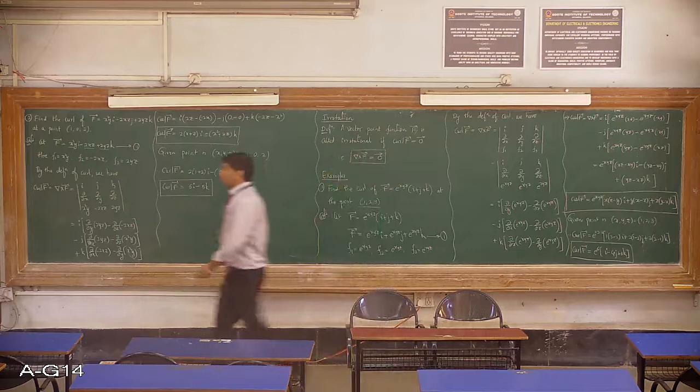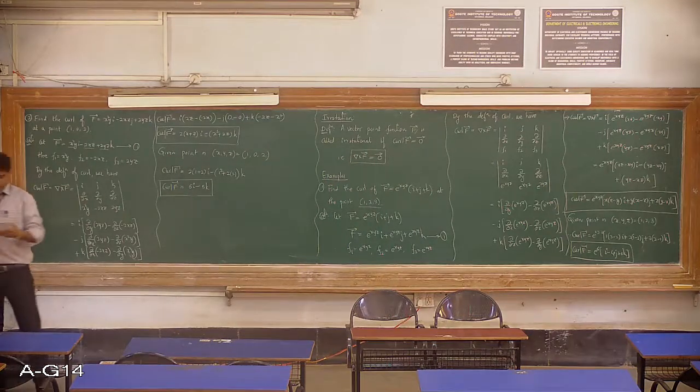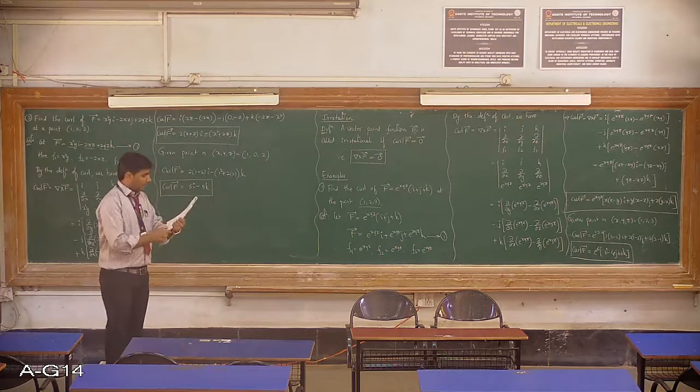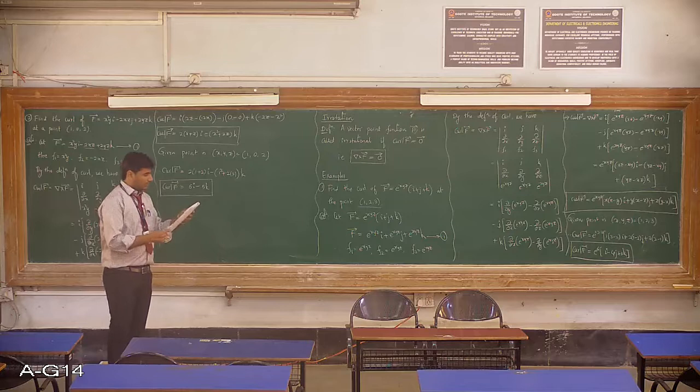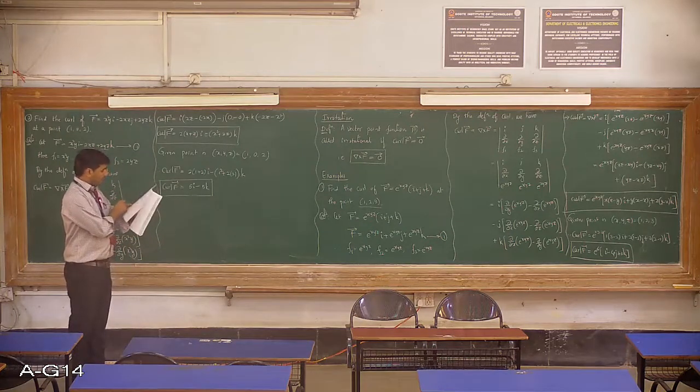So next what I'll do is I'll skip some of the examples. Already I have given notes, you can go through those notes later. Many examples are solved here, even the third example is also solved. Now what I'll do is I'll go to the next example.